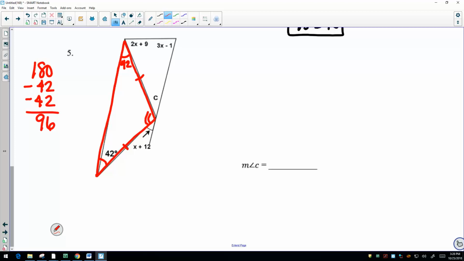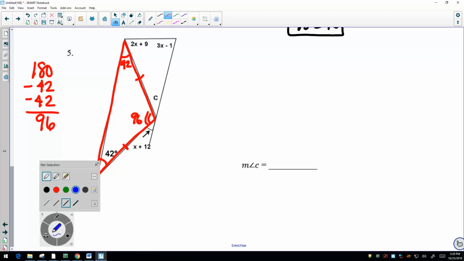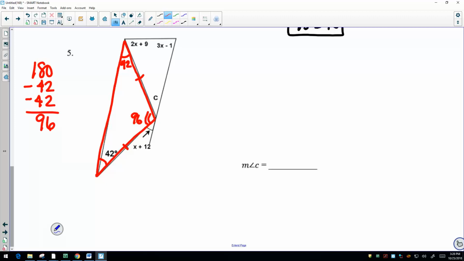So if I put over here my angle of 96, now I'm going to go back to the other triangle, and I'm going to notice I have to find angle C, and angle C is in this blue triangle. But if I extend this line out, notice where your exterior angle is this time.